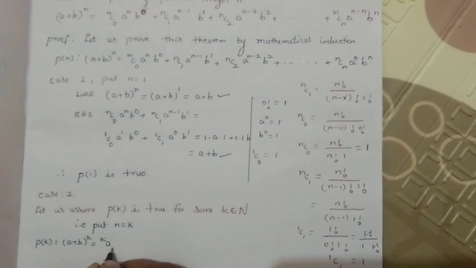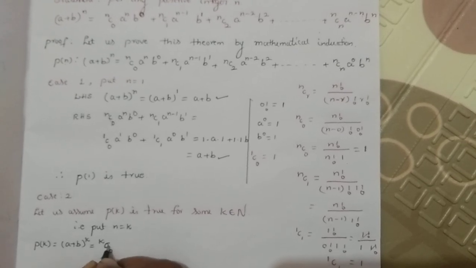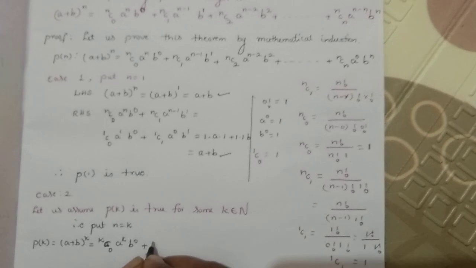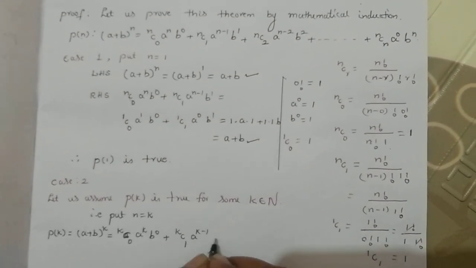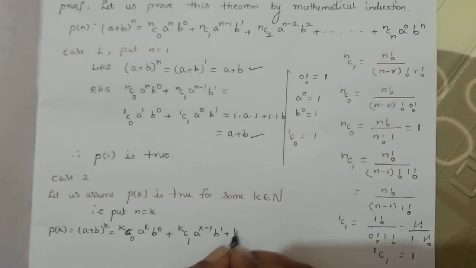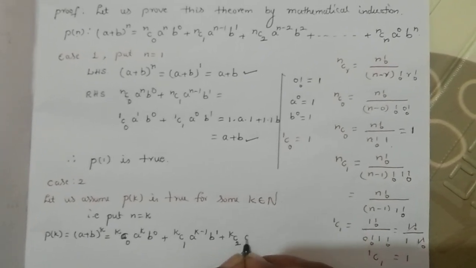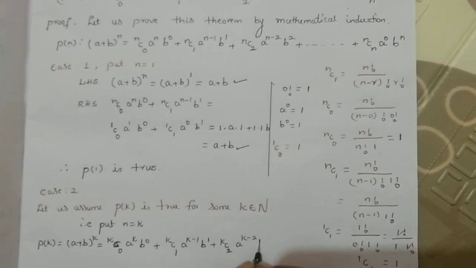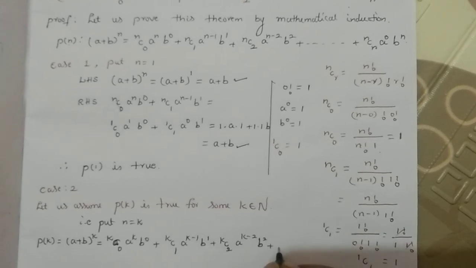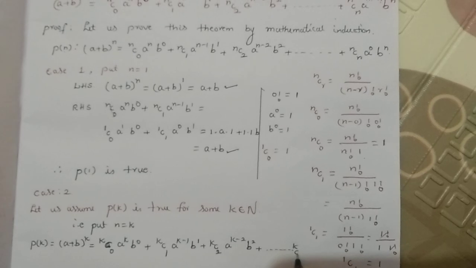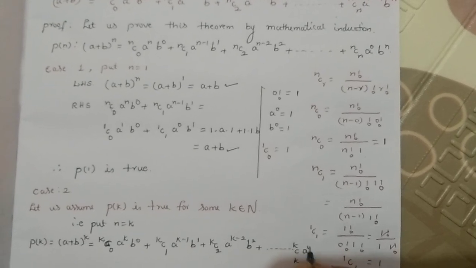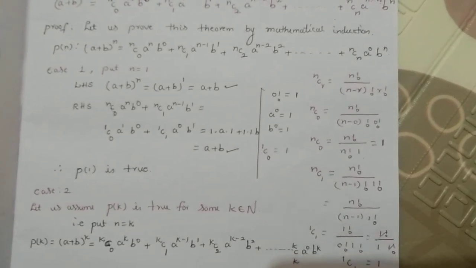So kC0 a^k b^0, kC1 a^(k-1) b^1, kC2 a^(k-2) b^2, and so on. The last term is kCk a^0 b^k.